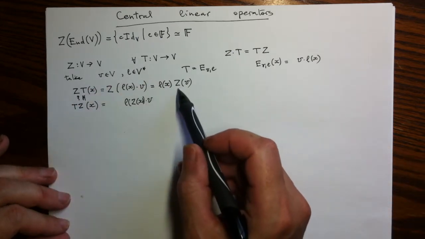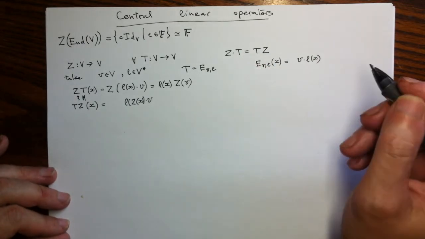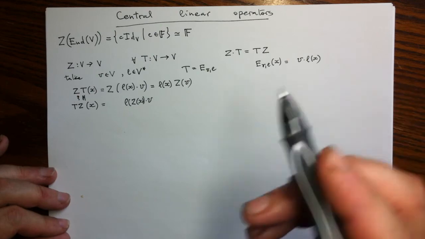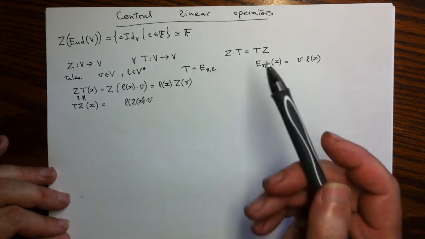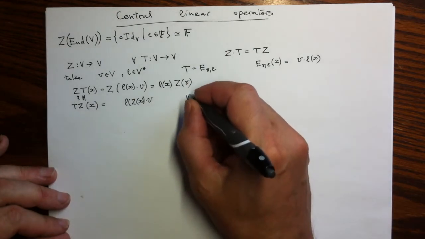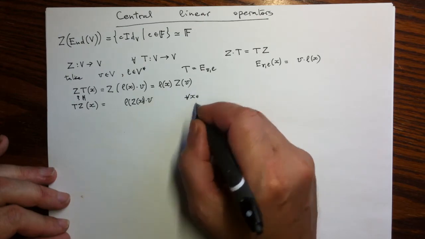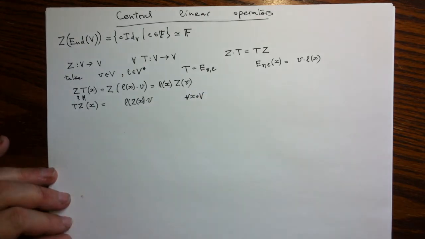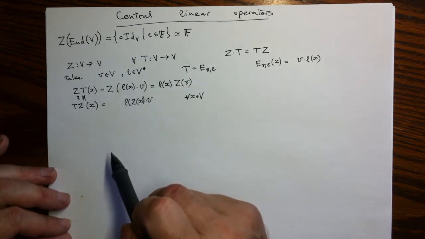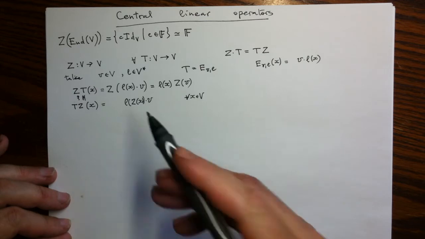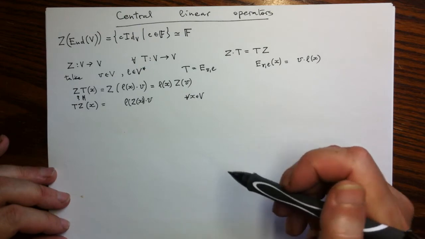I would say that, okay, first, what are my freedoms in choosing v and l? They are arbitrary, and then there is a freedom in this equation. That is an equation between two operators, so it works for all vectors in V. Well, I chose my l to be non-zero as a function, so there should be some vectors which will keep it non-zero when I substitute them in.